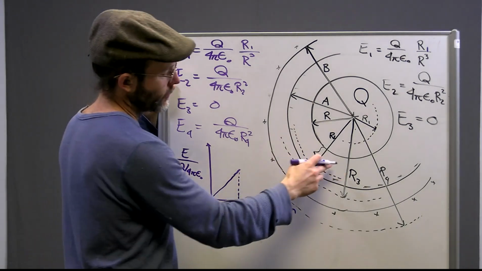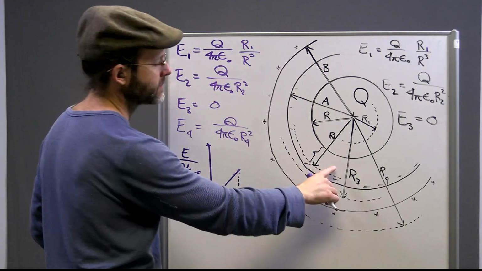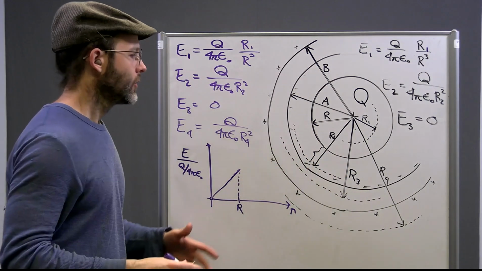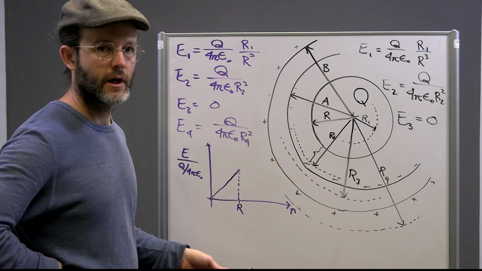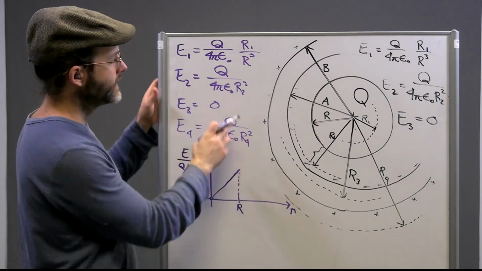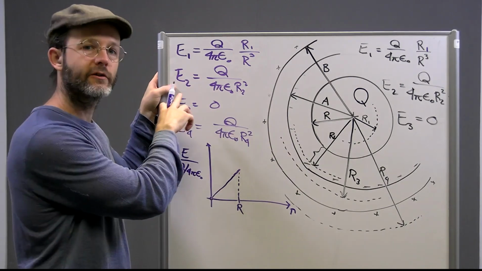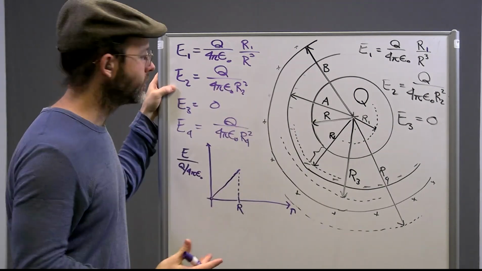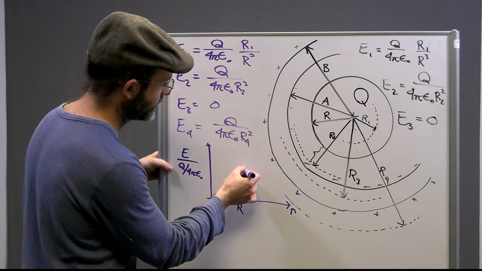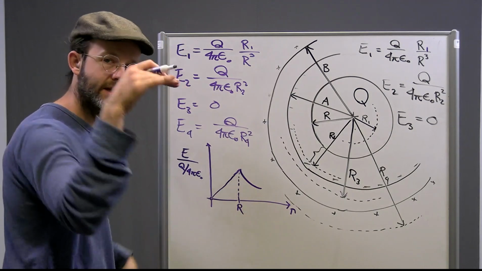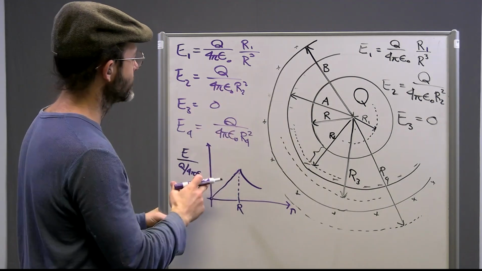Well, when we ran this analysis inside this air pocket or free space in between surfaces, we weren't adding any Q. There was no increase in charge. There is, though, an increase in radius. So this electric field is proportional to 1 over R squared, and it's going to look a bit like this. It decreases on a changing slope as 1 over R squared.